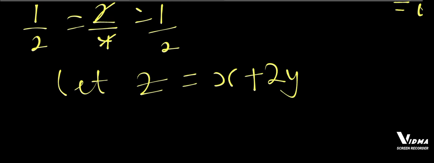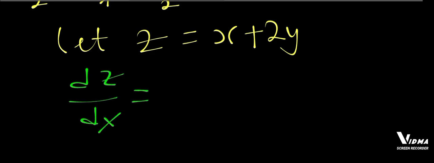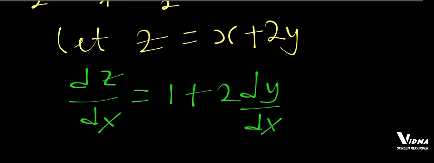If we do that, we can differentiate z with respect to x, and we get dz dx to be 1 plus 2 dy dx.